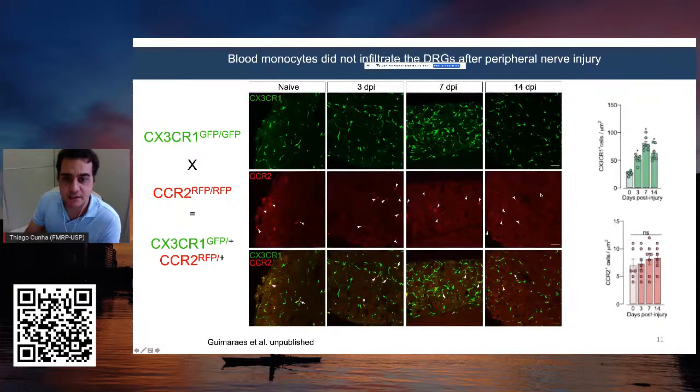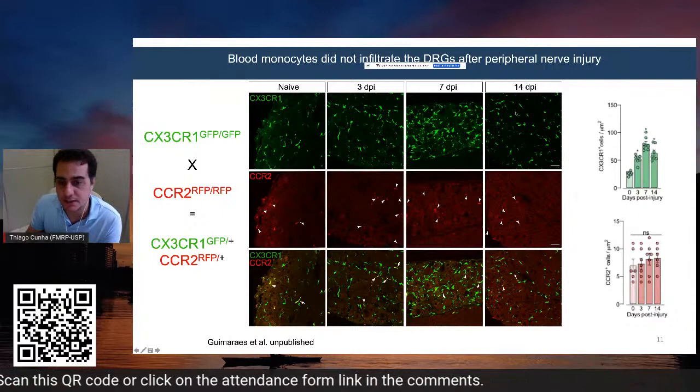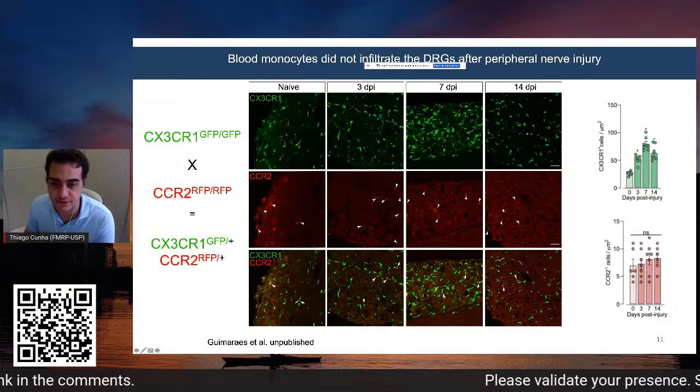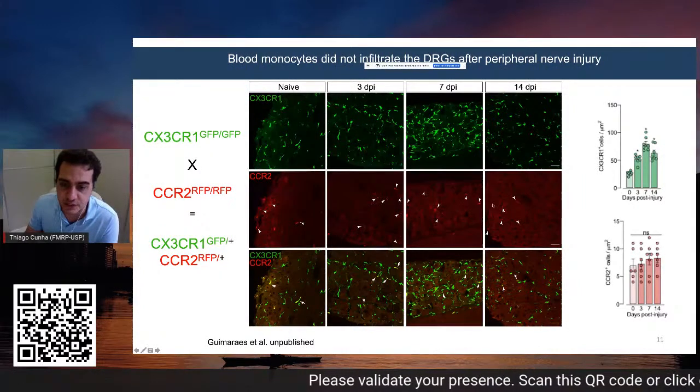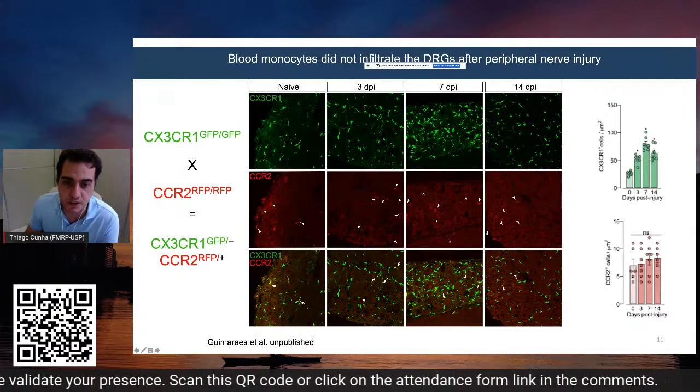And what we saw is a huge increase in the number of CX3CR1 positive cells after the injury, but we didn't see any increase in CCR2 positive cells in the DRG, which suggested to us that probably after SNI induction, after peripheral nerve injury, there is an expansion of CX3CR1 cells in the DRG, instead of recruitment of monocytes from the blood.